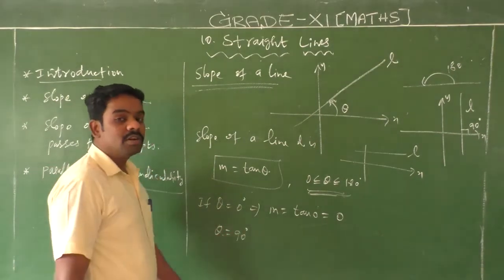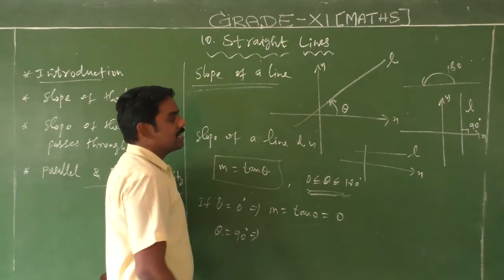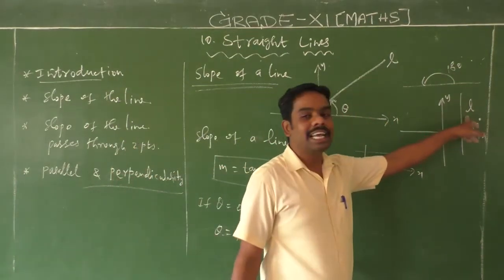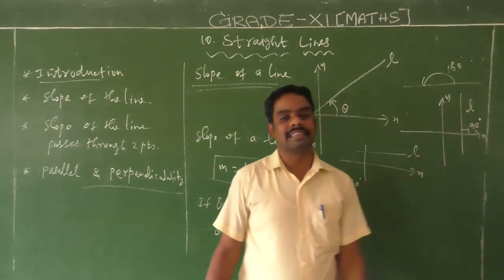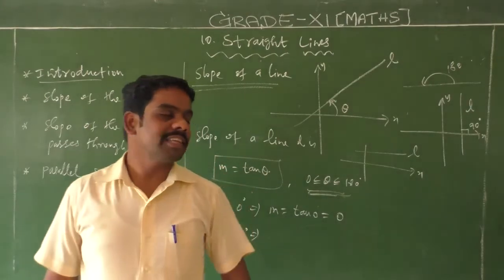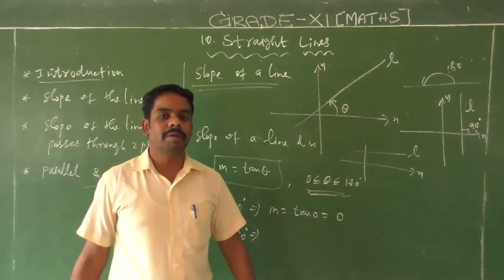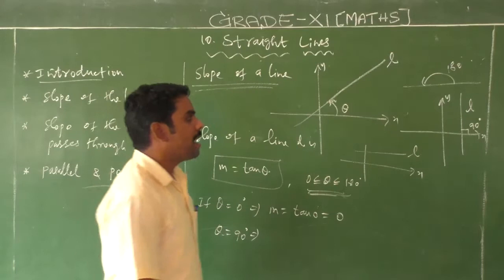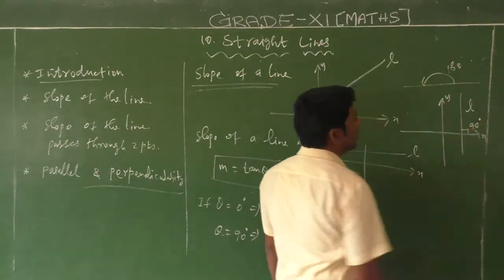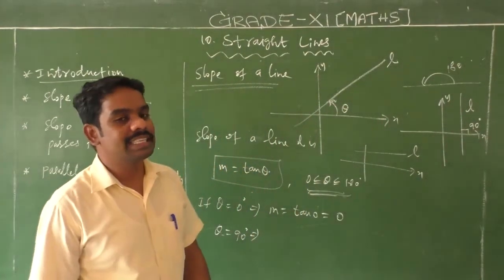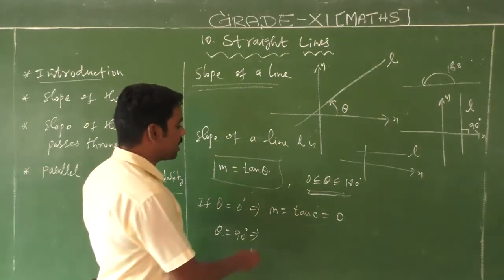And theta equal to 90 degrees, that is, this line L is parallel to the y-axis, that is perpendicular to the x-axis. So parallel to the y-axis, the angle of inclination theta is 90 degrees.